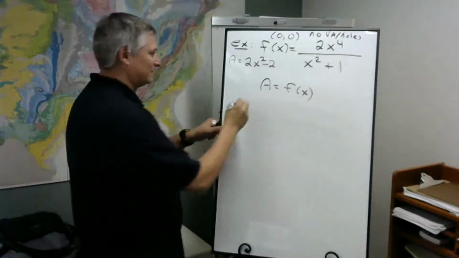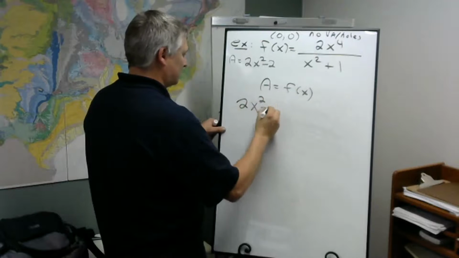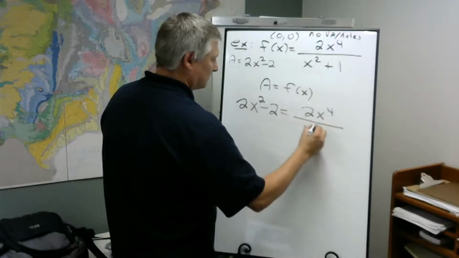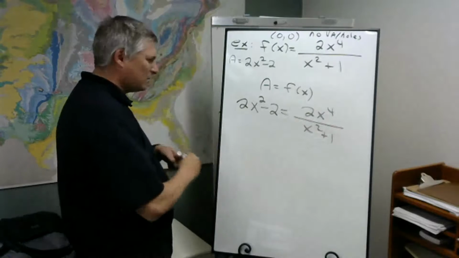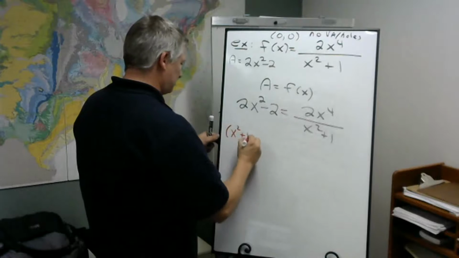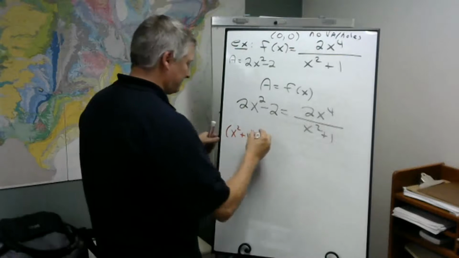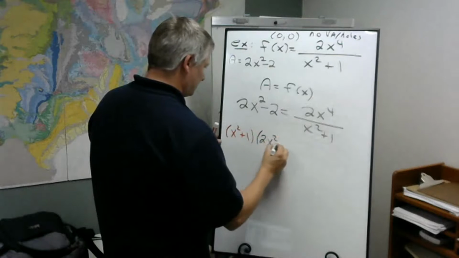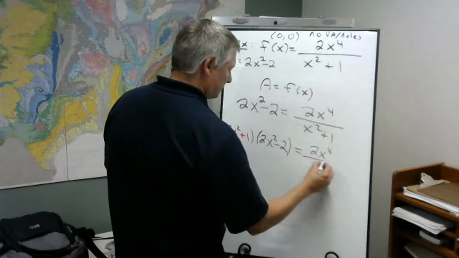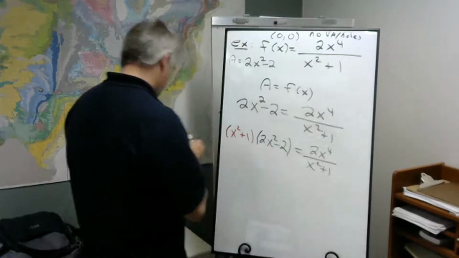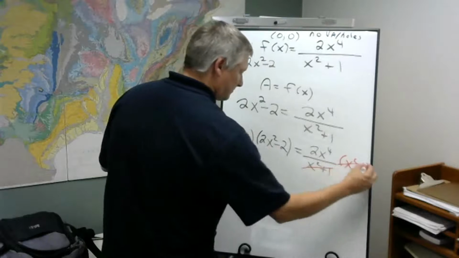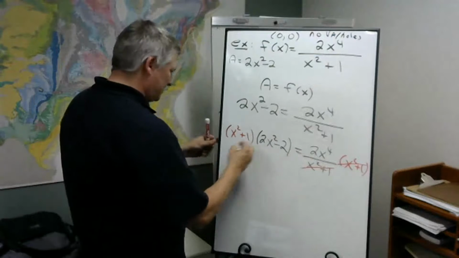And then solve for x. We multiply both sides by x squared plus 1. So this will have to FOIL.